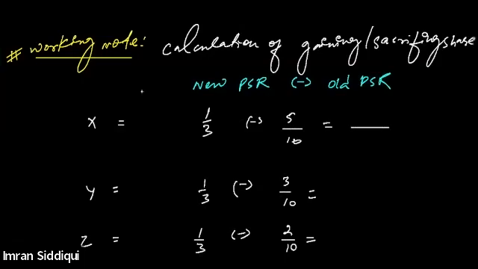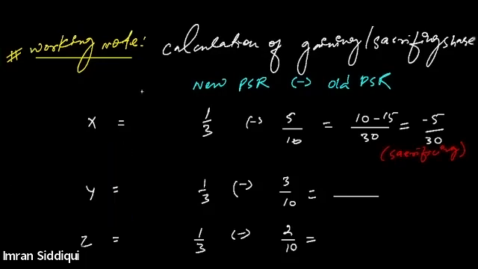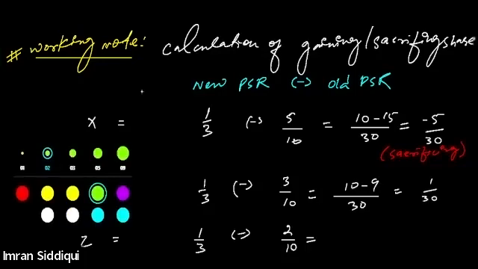So we will take the LCM of the denominators. We will get 30. 10 minus 15. That means minus 5/30. Since X is getting a negative proportion of share, that means he must be sacrificing. Now also calculate Y's proportion of share. So 30, 10 minus 9, he's getting the positive value 1/30. That means Y must be gaining.